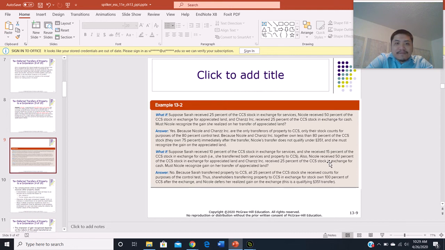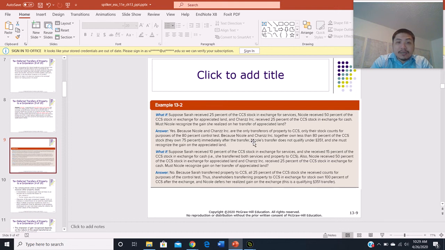Nicole received 50% of the CCS stock in exchange for appreciated land, and Chance Incorporated received 25% of CCS stock in exchange for cash. It asks, must Nicole recognize the gain she realized on her transfer of appreciated land? So we can see there are three shareholders here: Sarah, Nicole, and another corporation that bought the shares, Chance Incorporated.